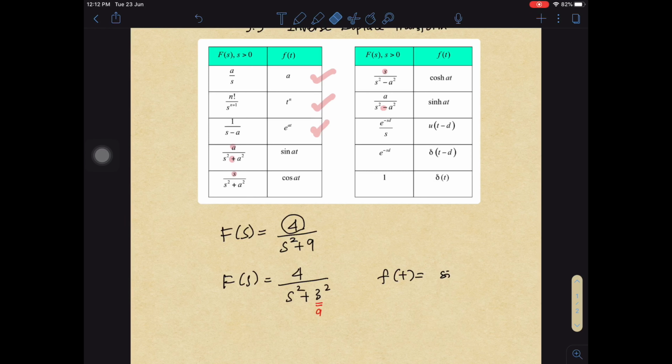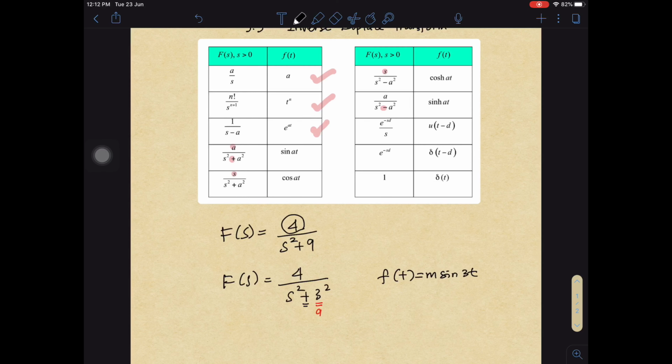How do you know it's sine but not sine hyperbolic? Because the sign here is plus. If the sign here is minus, then you will have the function sine hyperbolic 3t. And it's not yet solved, or it's not yet the final f(t), because you will have the constant m in front here.